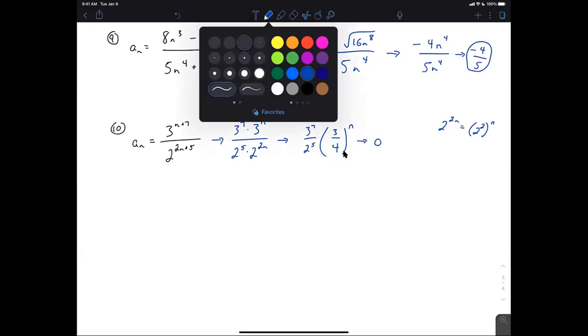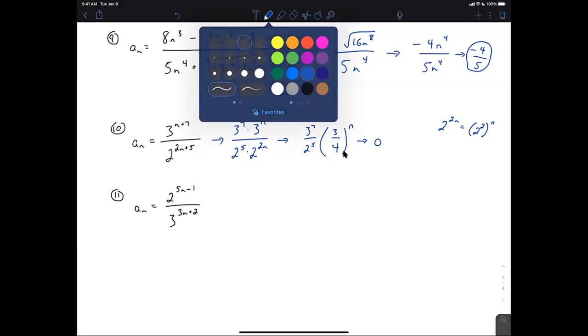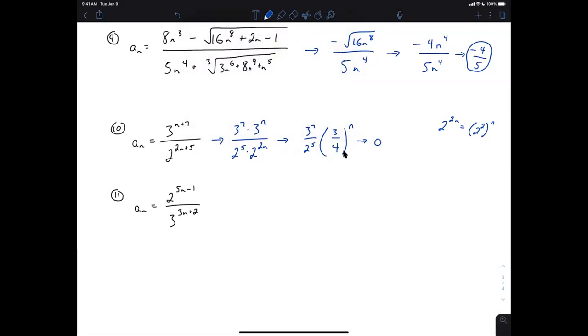Okay. So then if I have this, normally what I'm going to do is jump from here to this step.